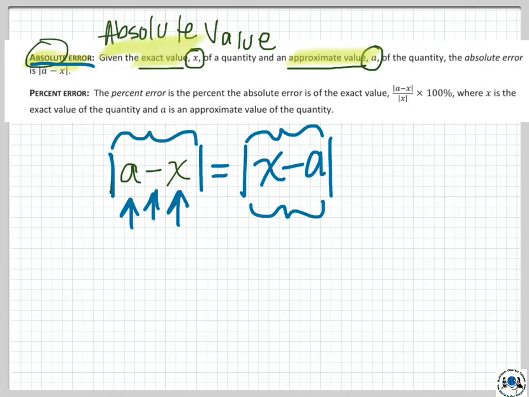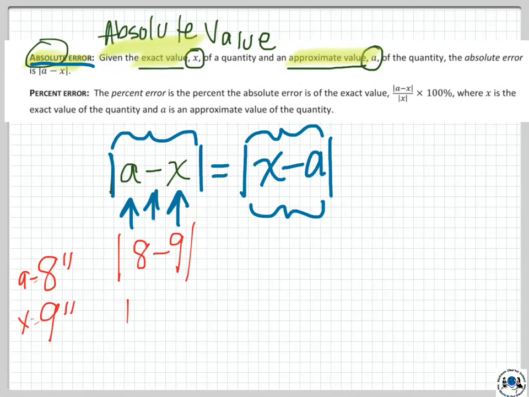So, for example, let's just throw one out there. We're going to see these a lot, but I just wanted to talk about it a bit. Let's just say the approximate measurement was 8 inches, and the actual exact value was 9 inches. So this was a, and this was x. If we plugged it in here, the absolute value of 8 minus 9 is the absolute value of negative 1, which is 1.